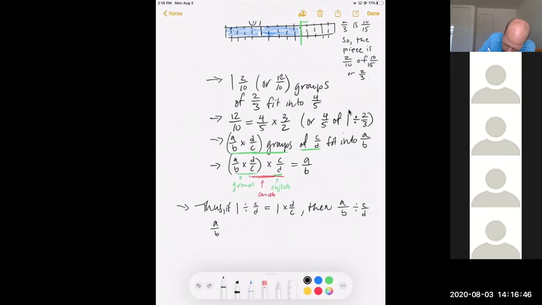A over B of the 1 divided by C over D. Okay.